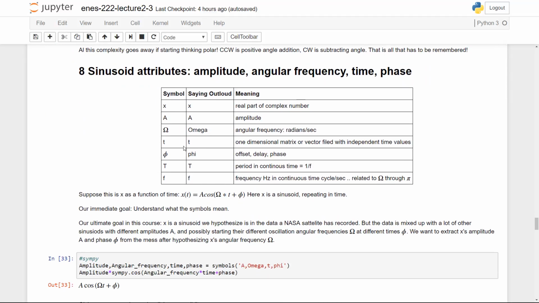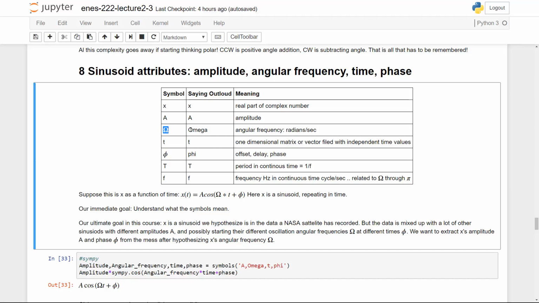So now we're going to focus on a single sinusoid that might make up our pattern and defining it. And these are all the new symbols that are introduced in this lecture. X is the real part of a complex number. Remember, the complex number is the symbol z. The amplitude is the letter A. Now this one's unusual.